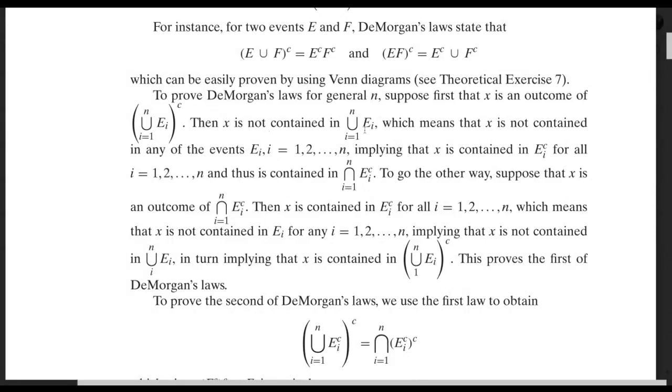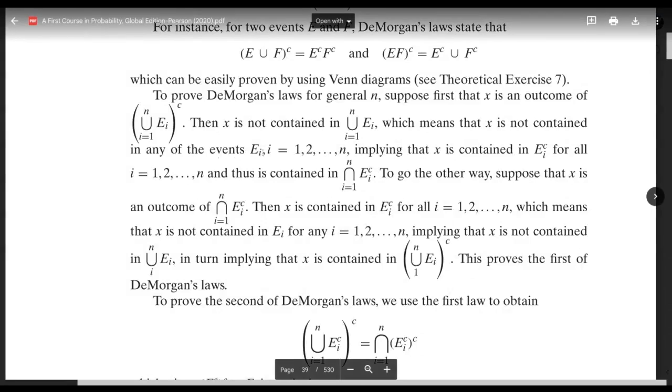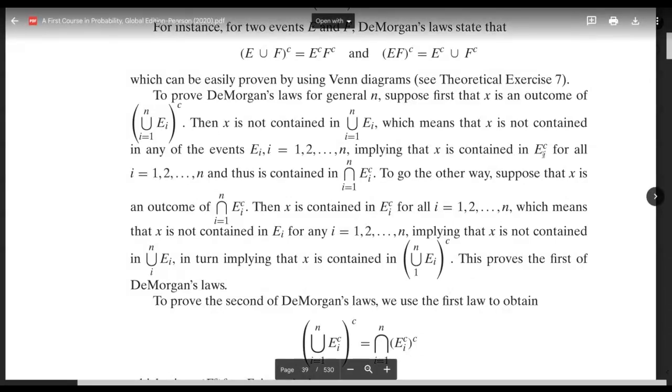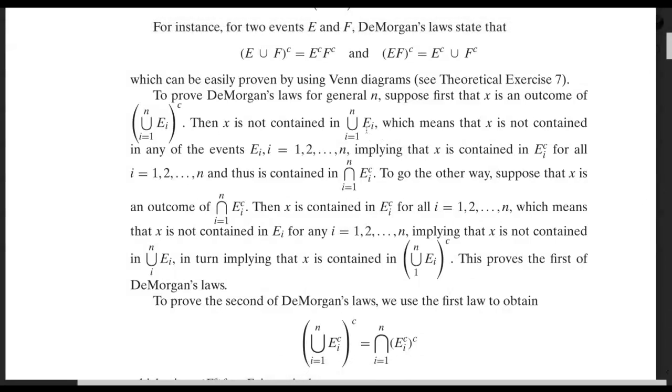If it's not contained in the union, that means it's not contained in any of them. So x is not contained in any of the events, which implies x must be contained in the complement of the events. And it must be contained in all of them, because it's in none of these events.